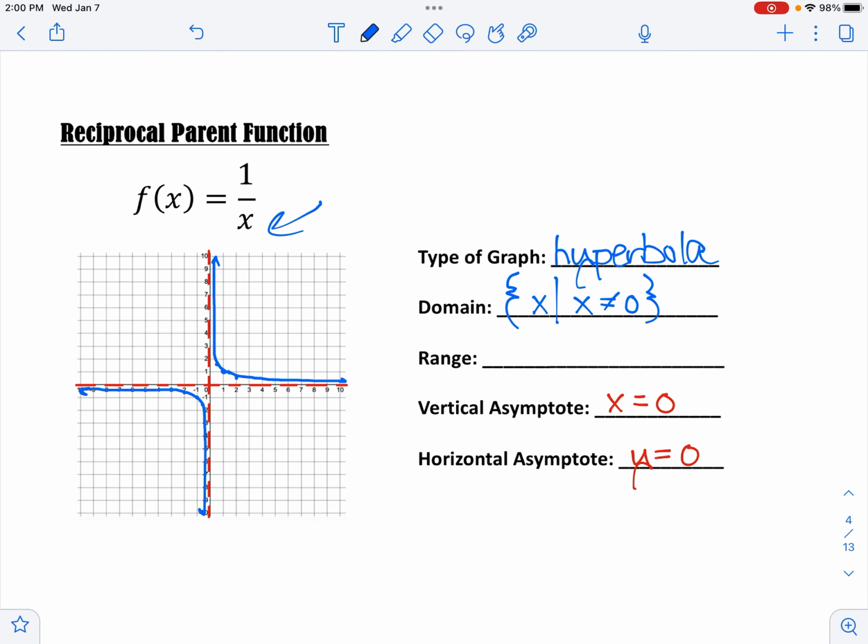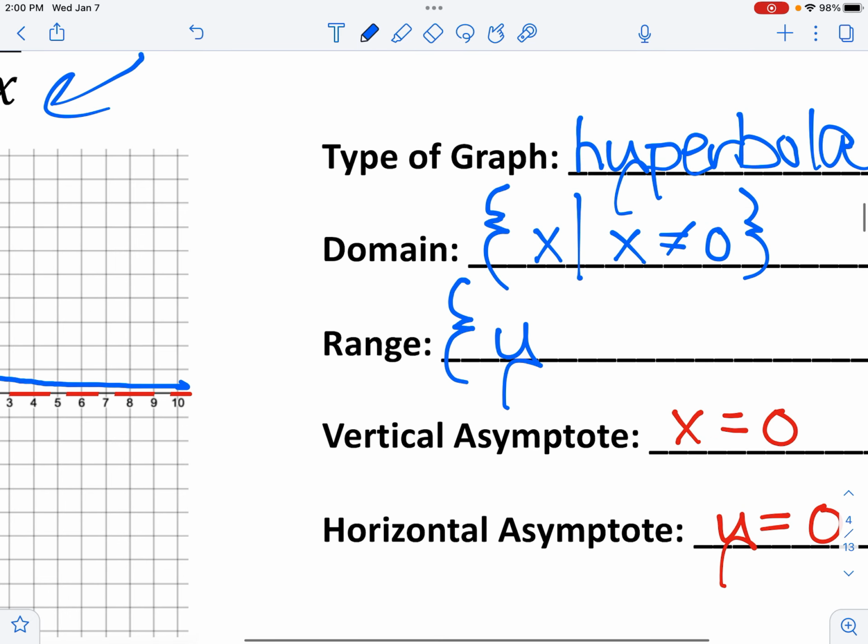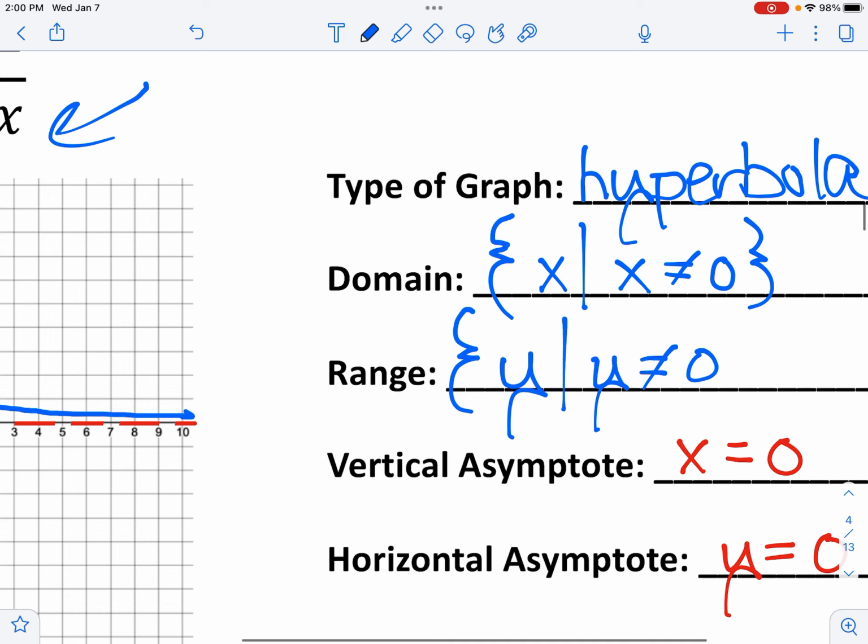Okay. Well, how about the range? Because you'll notice that this and this match. The vertical asymptote is at 0, so I'm never actually going to reach it. So I can't get there, so x can't be 0. Well, so then my range is, remember, range is y. So y such that, and we know also that if you look at the graph, the y value can't ever reach 0 either.